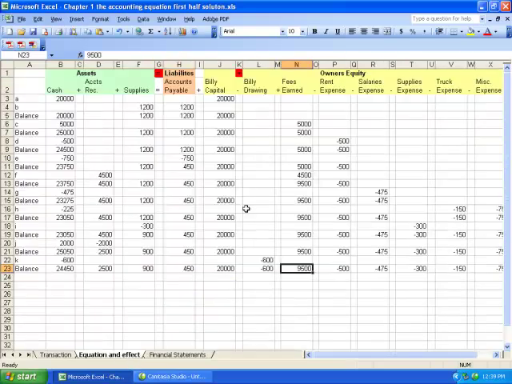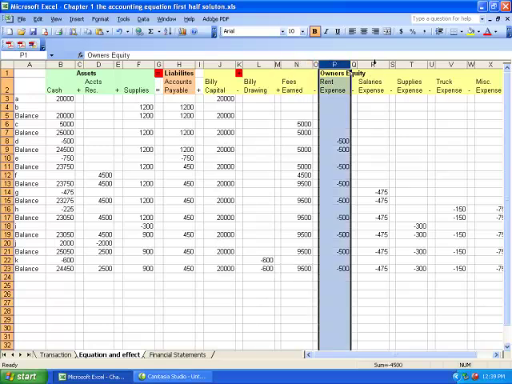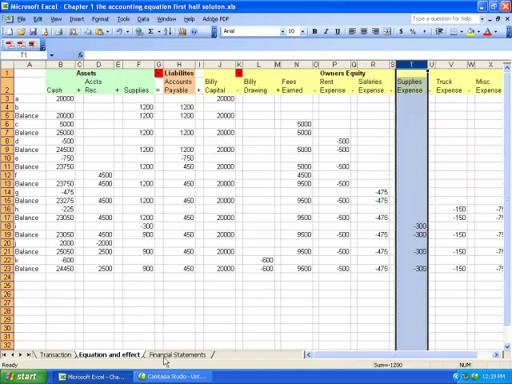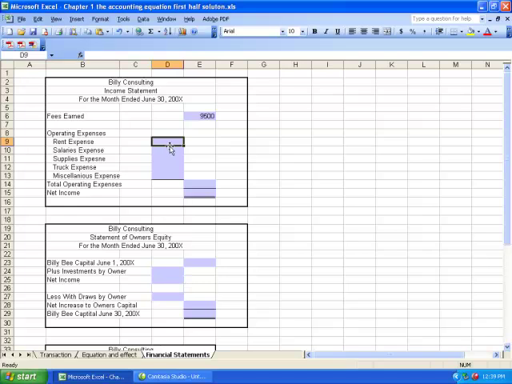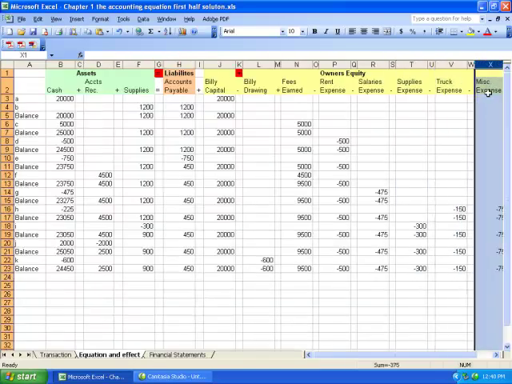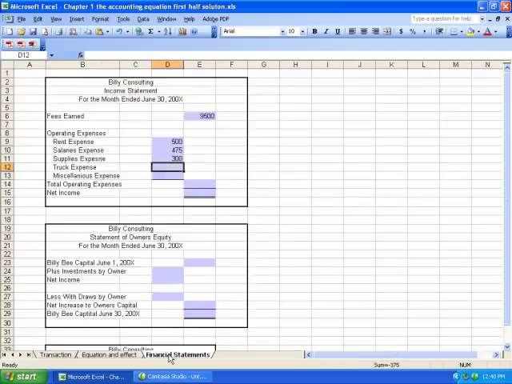And again, we're going to look back here, and here is our rent expense is $500, salaries is $475, supplies is $300, and let's see if we can put those in here. $500, $475, and $300, and then we need to get our truck expenses and our miscellaneous expenses, and they are right here. Truck is $150, miscellaneous is $75, and so we put in our $150 here and our $75 here.